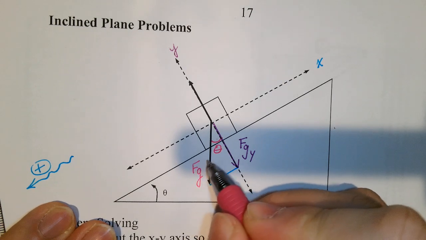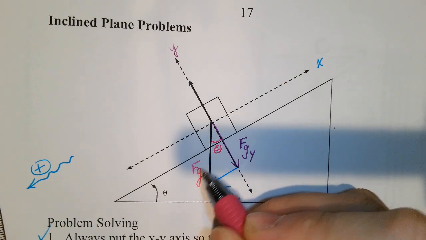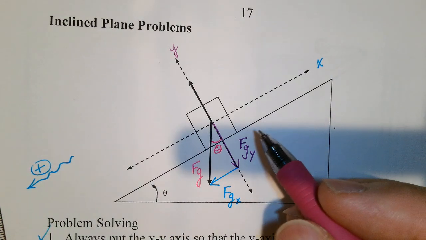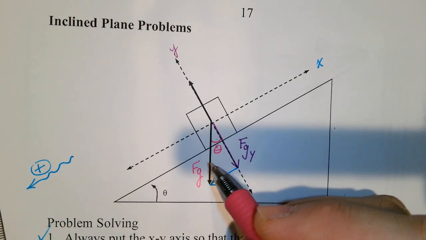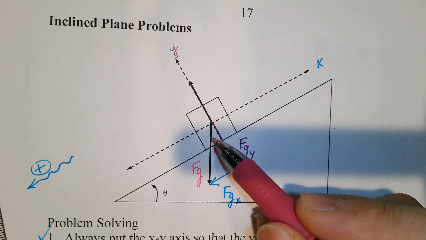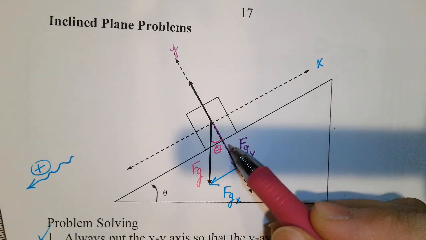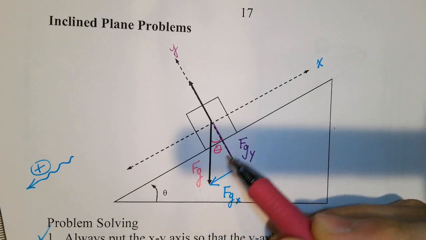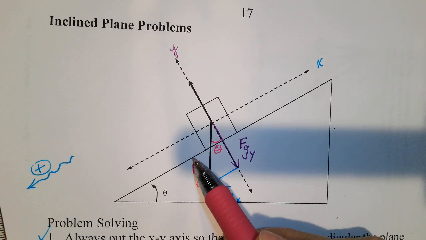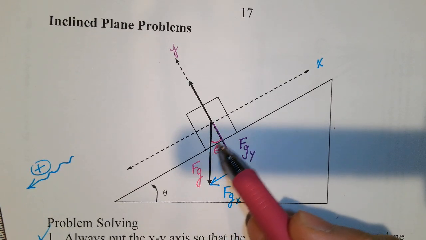This here is the complementary angle of my angle theta. Therefore, these two angles should add up to 90 degrees, and since this is 90 degrees here, this angle is complementary to that angle.